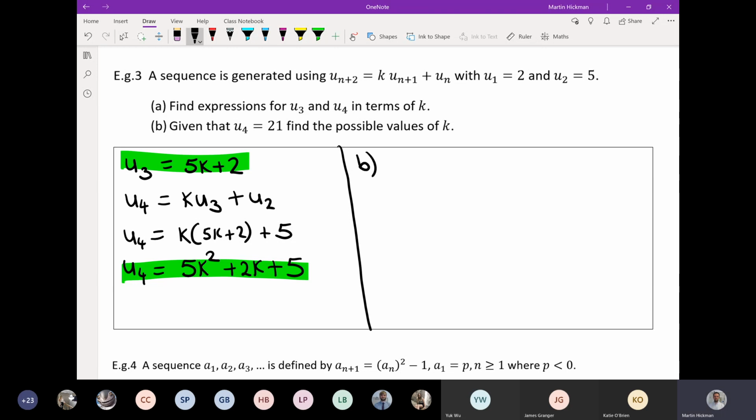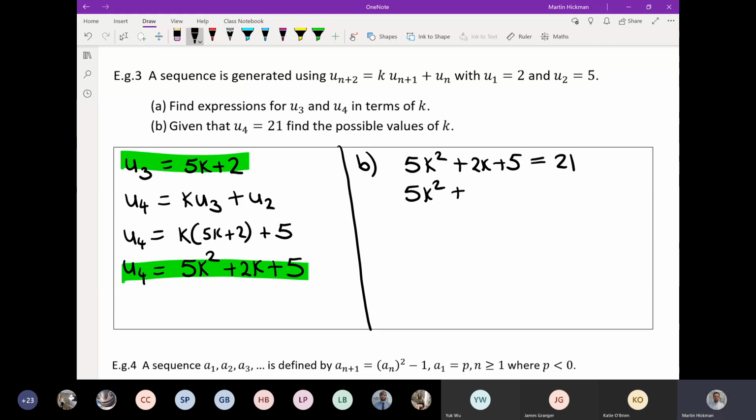In part B, you're told that u4 equals 21, and we need to find the possible values for k. So what we can say is 5k squared plus 2k plus 5 equals 21. So I know that fourth term has to equal 21.